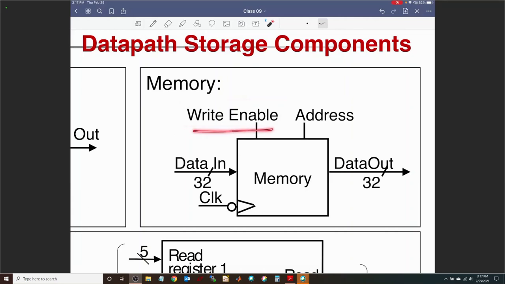And when it is disabled, maybe if it is 0, you are reading from memory. You of course need an address when you're talking about memory, because you need to talk about what memory address you are reading from or writing to. So you need an address, definitely. And if you're writing, then you need to provide the data to be written. And if you're reading, you will have data that is read from the memory.